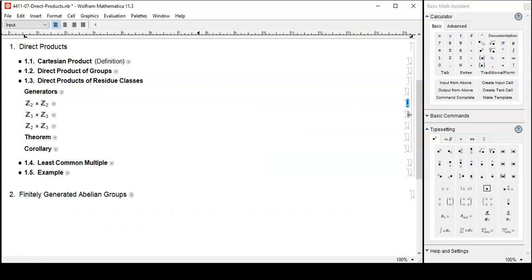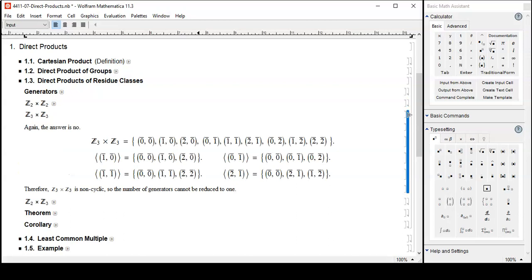How about next, Z3 times Z3? The answer is no again. Here, 0, 1, 2 for first component, 0, 1, 2 for the second component as well, so we have 9 elements. And then (0, 0) is the trivial element, and then (1, 0) will generate this cyclic group, (0, 1) will generate this cyclic group, (1, 1) will generate this, and (2, 1) will generate that, and then you don't need anything else because these cover everything.